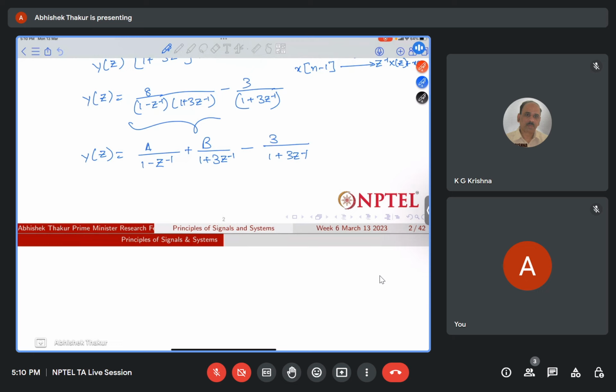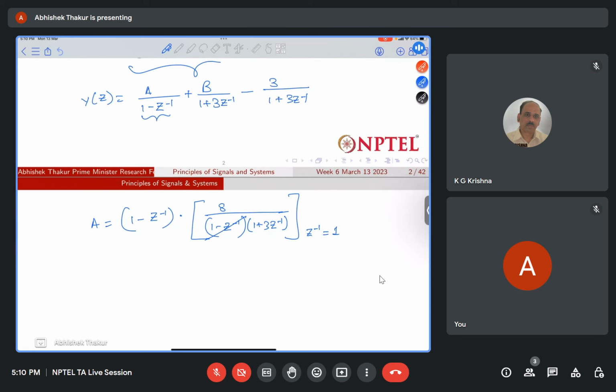We know that A = (1 - z^-1) times this whole term, 8/((1 - z^-1)(1 + 3z^-1)), and here we will keep z^-1 = 1, because we are calculating for this one. After substituting this value, this term will first cancel, and A = 8/(1 + 3), which is equal to 2.